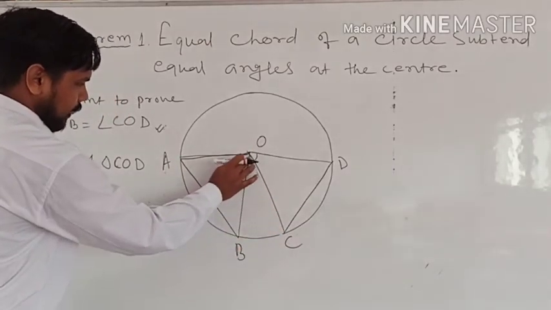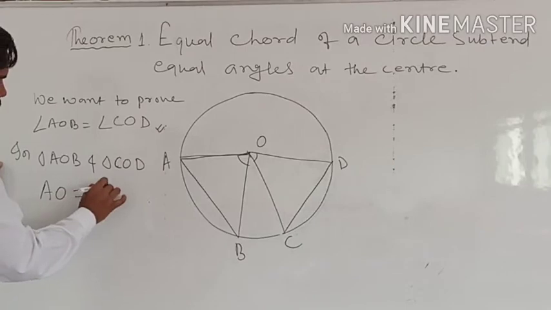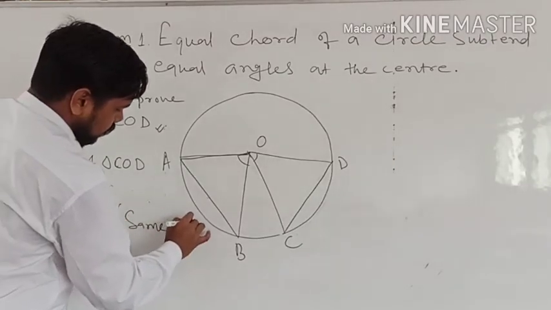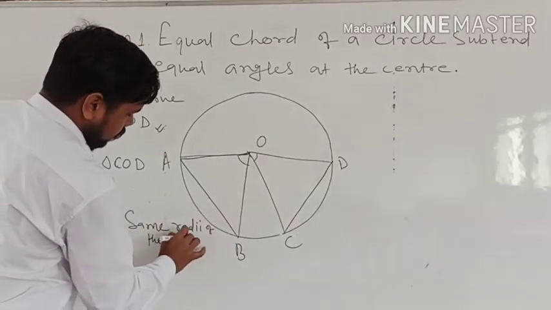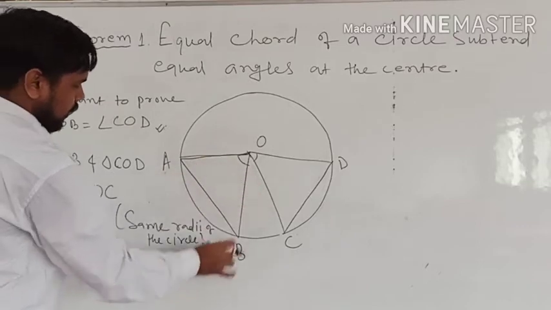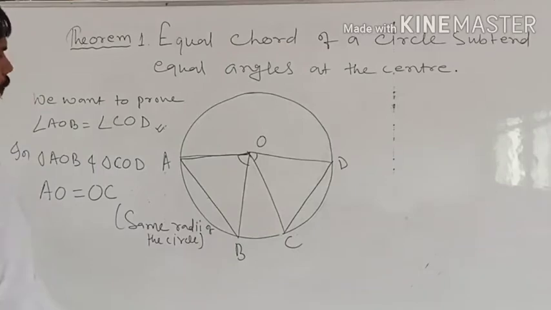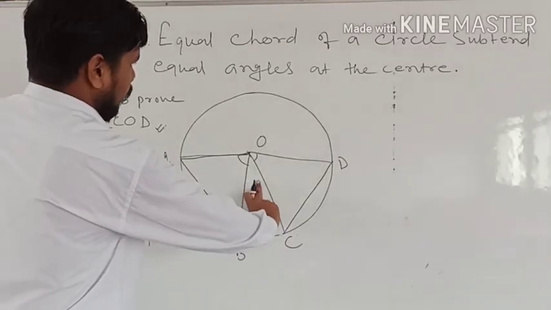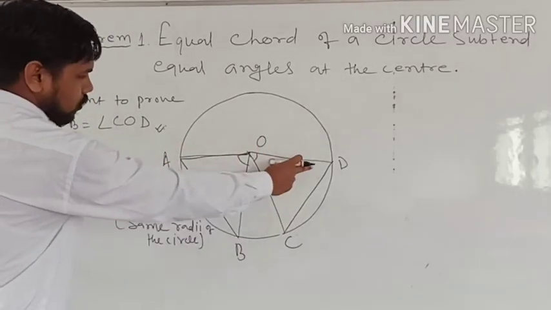So in these two triangles we have AO is equal to OC, being radii of the circle. These two are the same radius, so side OA and side OC are the same. In the same way, OB and OD are also equal, so this side is also equal to this side.